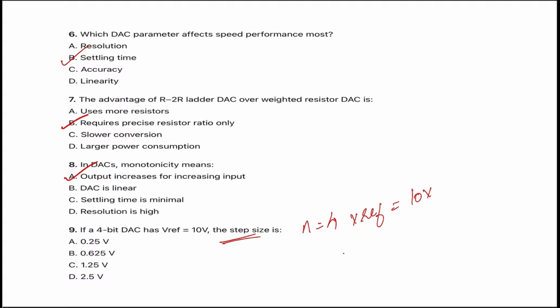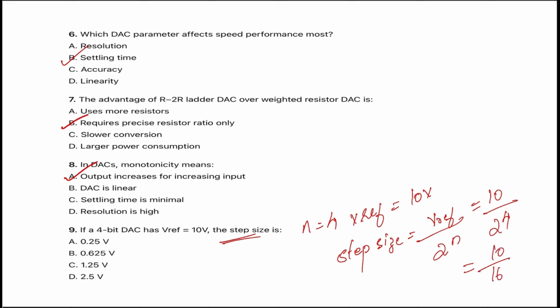The equation for step size is V reference divided by 2 raised to n, that is 10 volt divided by 2 raised to 4. So the answer is 10 by 16. This will come as 0.625 volt.